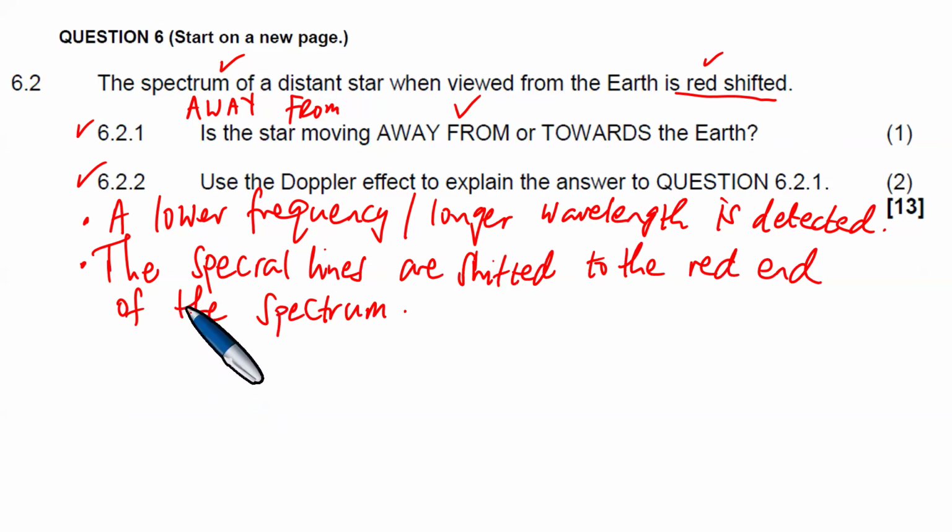If the spectral lines are shifted to the red end of the spectrum, what does it mean?